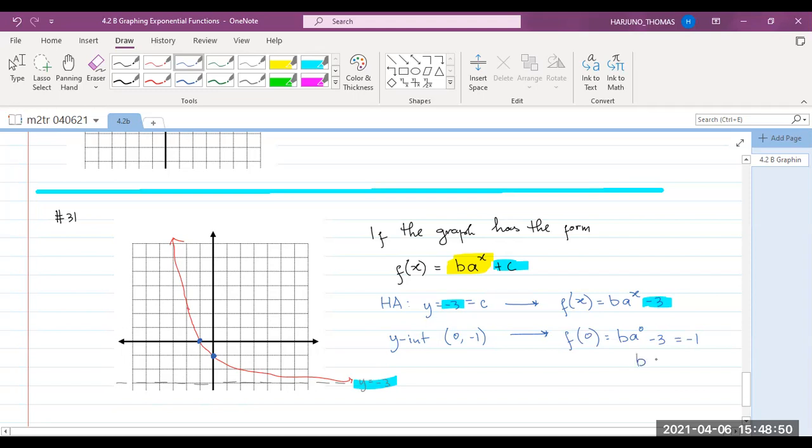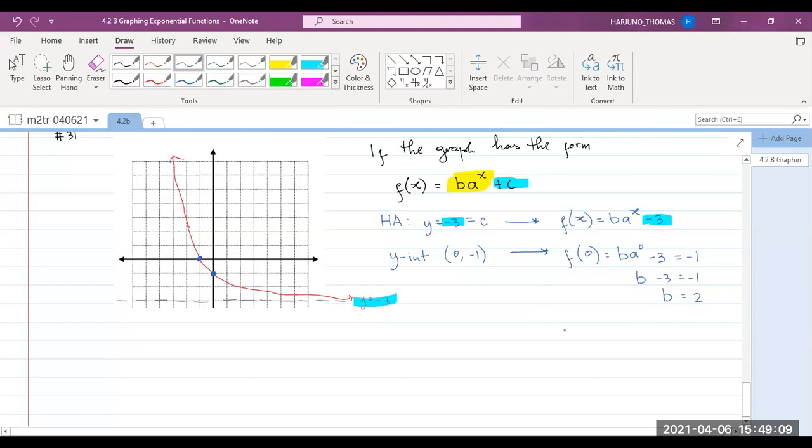So b minus 3 equals -1. b is 2. That's the coefficient. Okay, let's update our function now. So the function is f(x) equals 2 times a to the x minus 3.